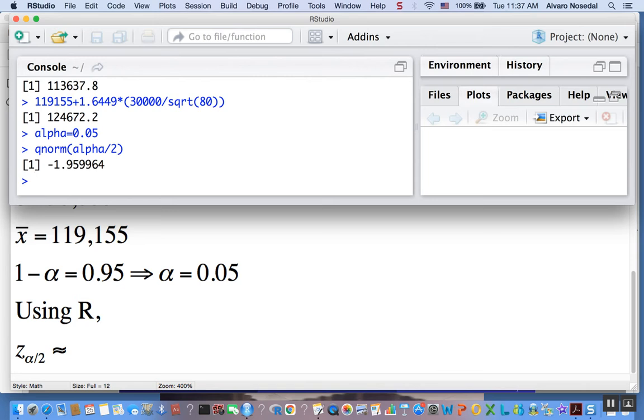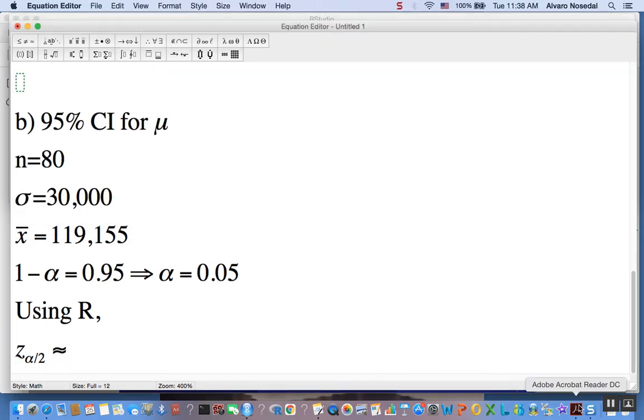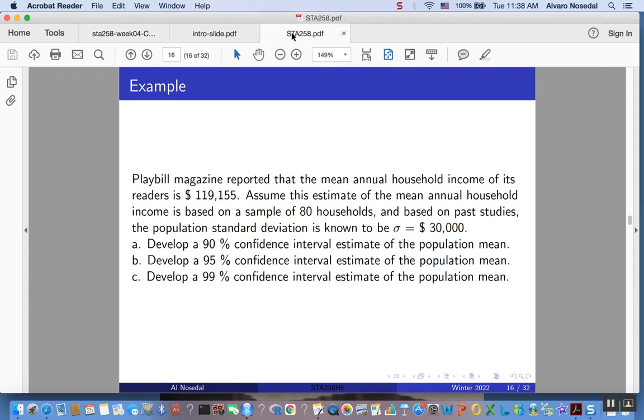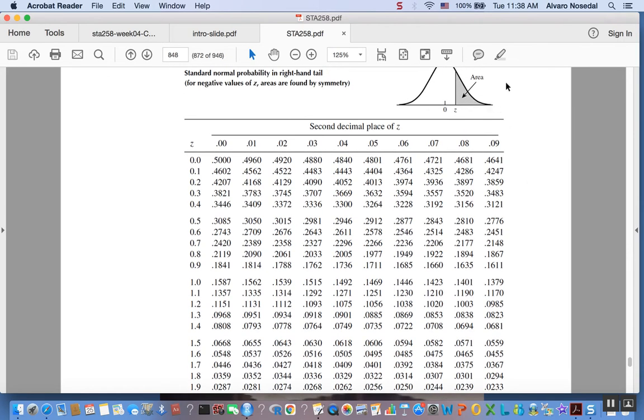-1.9599 and so on. If we round this to 4 decimal places, -1.96. And we can check with our table that now what we want is, if between -C star and C star we want 95%, that means that in the right tail you will have only 2.5%.